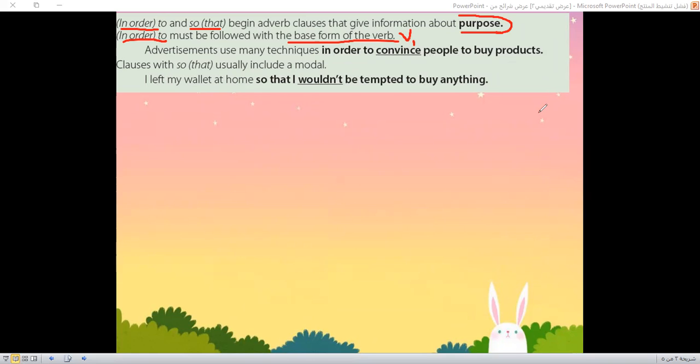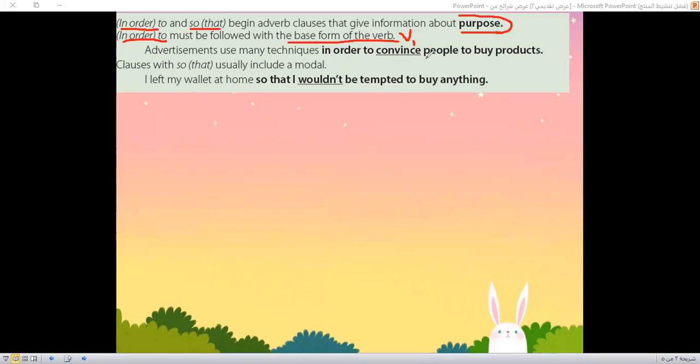Let's see. Here it started with an independent clause. Advertisement use many techniques. That's why there is no comma. As you can see, no comma. Advertisement use many techniques. Why is that, or what is the purpose of that? In order to، يعني كأني أعطي سبب أو ليس سبب كأنه هدف.